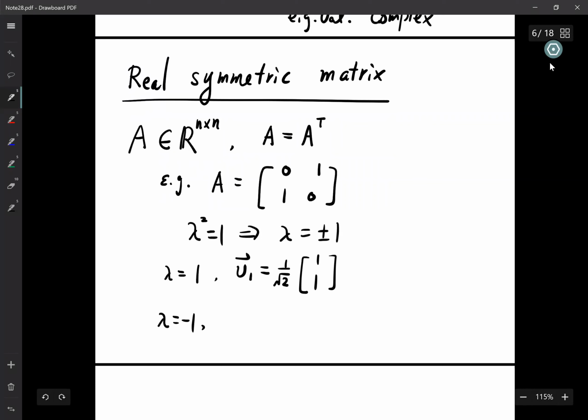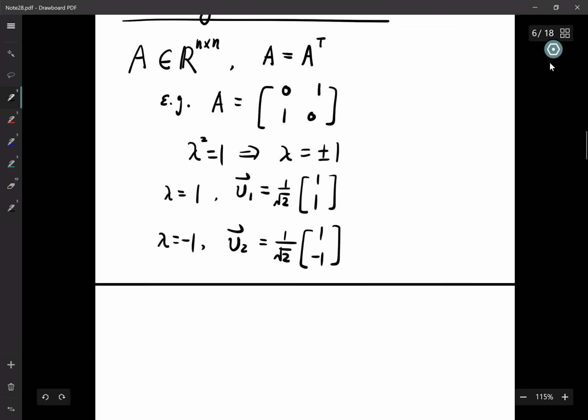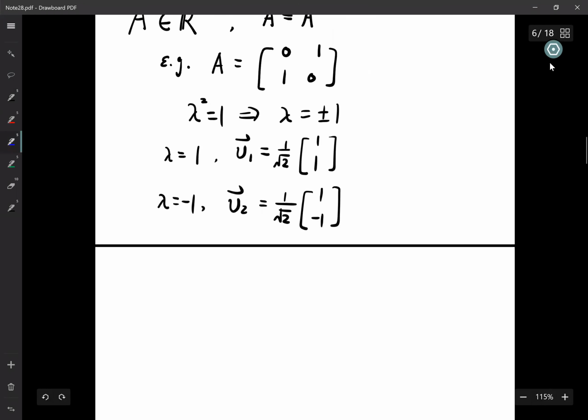And for lambda equals -1, again let me deliberately put this here, it is [1, -1].